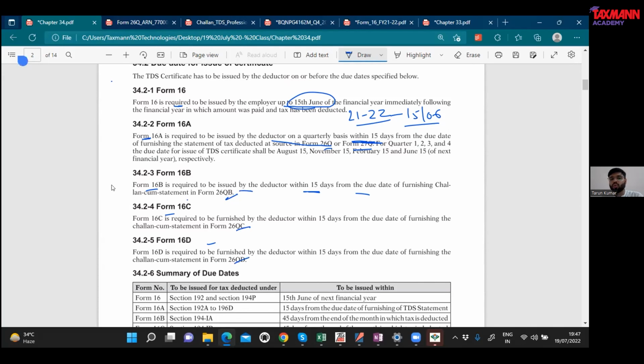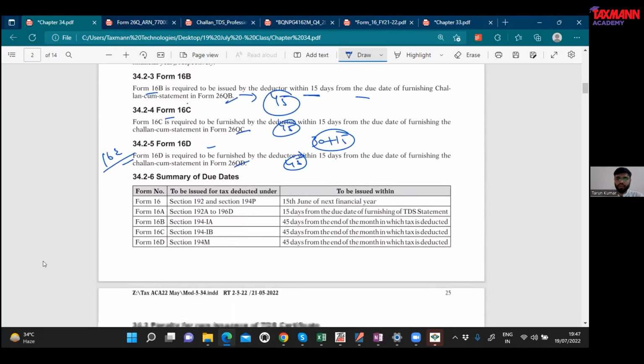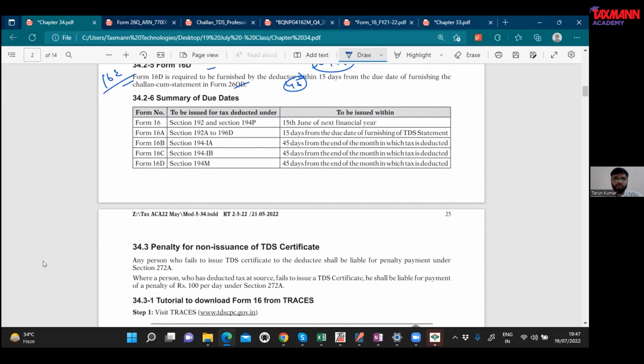Then what will be the total number of days that will come out? That is 45 days, 30 plus 15, right? And the same is the date for form 16E as well, that is 30 plus 15. So here is the summary of due dates.